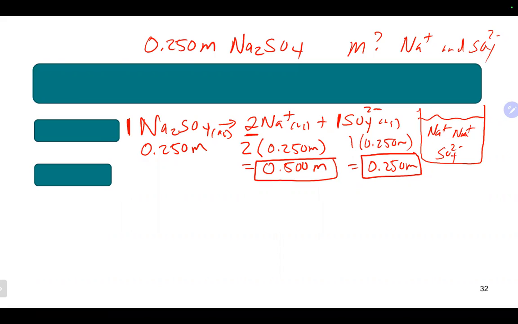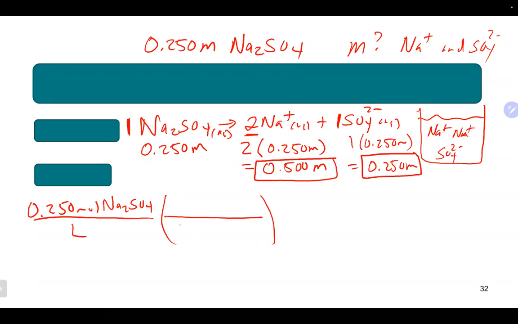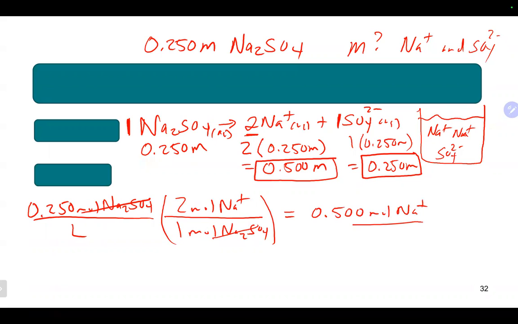And just to show you what the longer calculation looks like, this is 0.25 moles of the entire thing per liter. Doing stoichiometry from the equation, 1 mole of the whole thing gives us 2 moles of the sodium ion. The whole thing cancels. Basically, we're multiplying by 2 there, and we end up with 0.5 moles of sodium per liter, which is the molarity of the sodium ion.